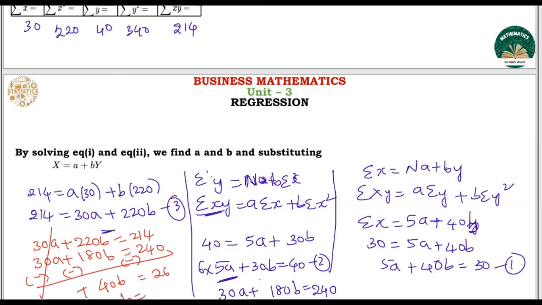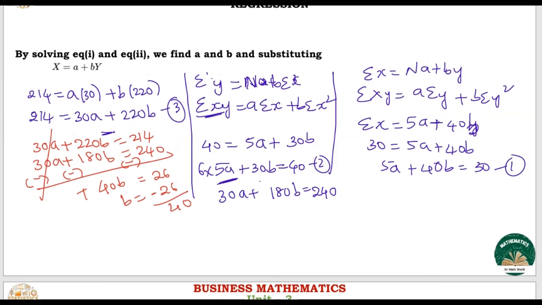So b will be minus 26 divided by 40. If you divide this, you get b equals minus 0.65.